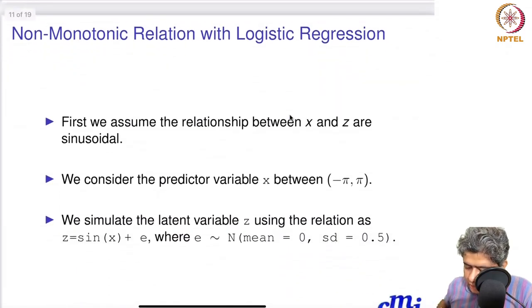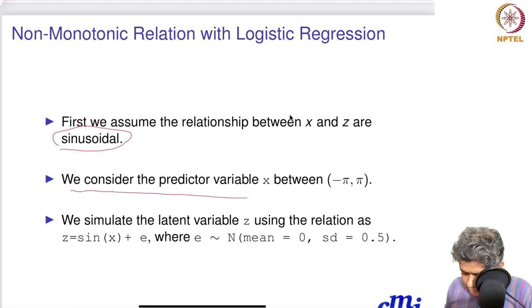So let us try to capture this non-monotonic behavior with logistic regression. Let us assume that the relationship between X and Z is sinusoidal. We consider the predictor variable X between minus pi and pi.